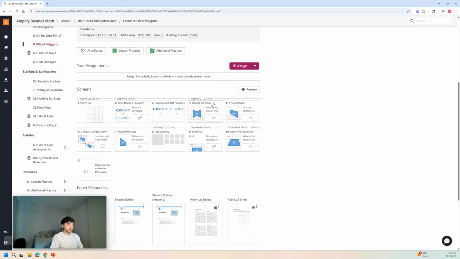Some of these shapes are likely going to trip you up. I want you to get creative. I want you to try new strategies, but everything in here is going to use the same basic strategies that are decomposing and composing into familiar shapes. Be looking for familiar shapes as you go through these slides.